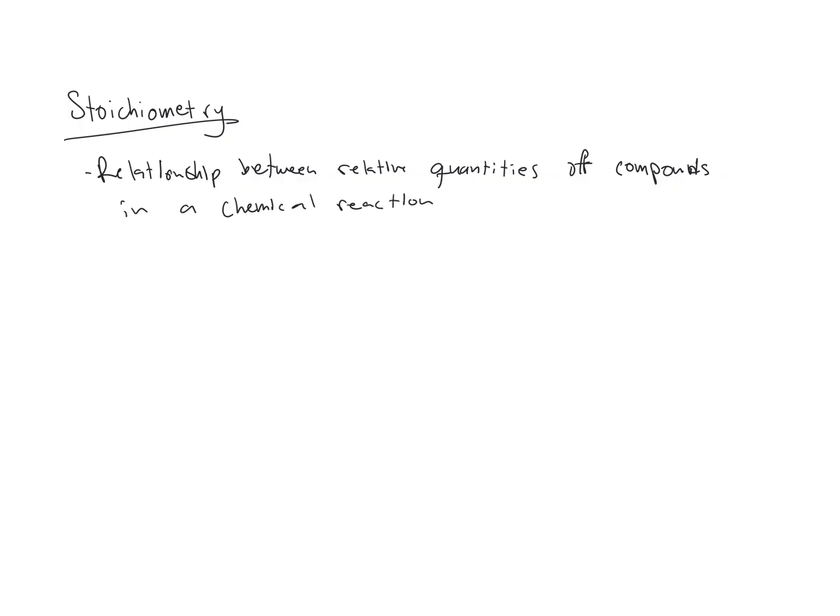So, for example, let's say I have the reaction of methane, which is CH4 gas, and oxygen, O2 gas. This would do a combustion. This would make carbon dioxide, or CO2, again as a gas, as well as water, or H2O as a gas.